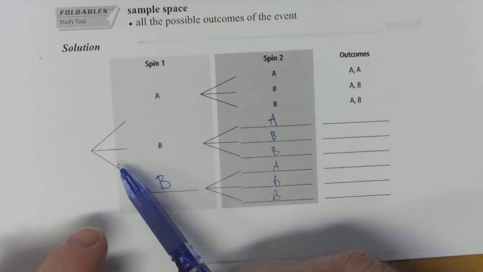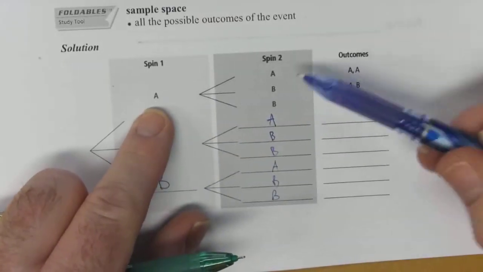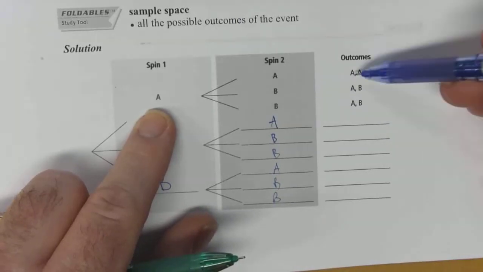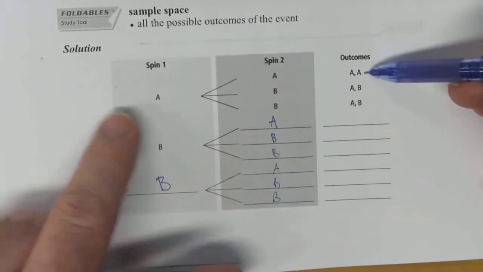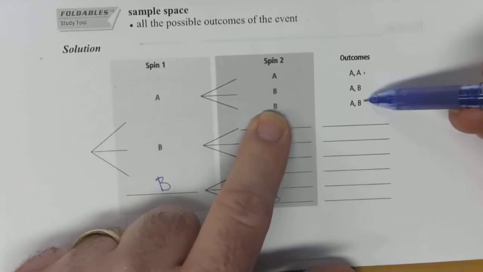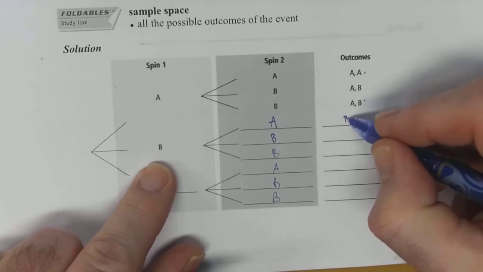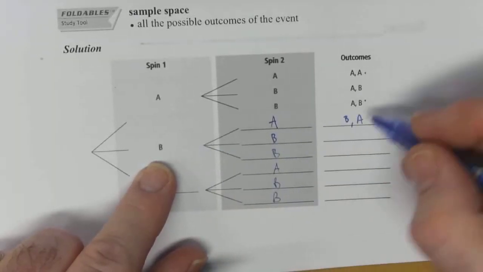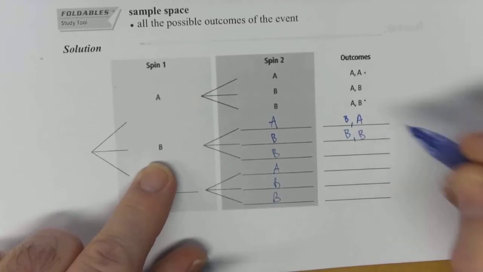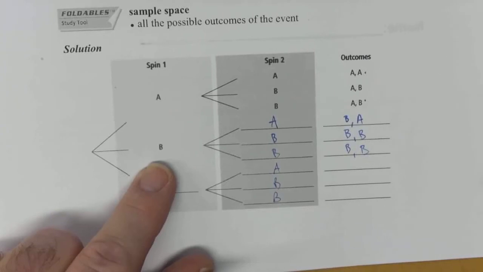So now if you look, there's different paths you can take to get to your outcomes. Spin 1 can be an A, spin 2 could be any of these. So we've got AA is the top path, AB is the middle path, and AB is also the bottom path. Here we've got B first. Top one of these ones is an A. Middle one is a B. And then the third one is a B as well.